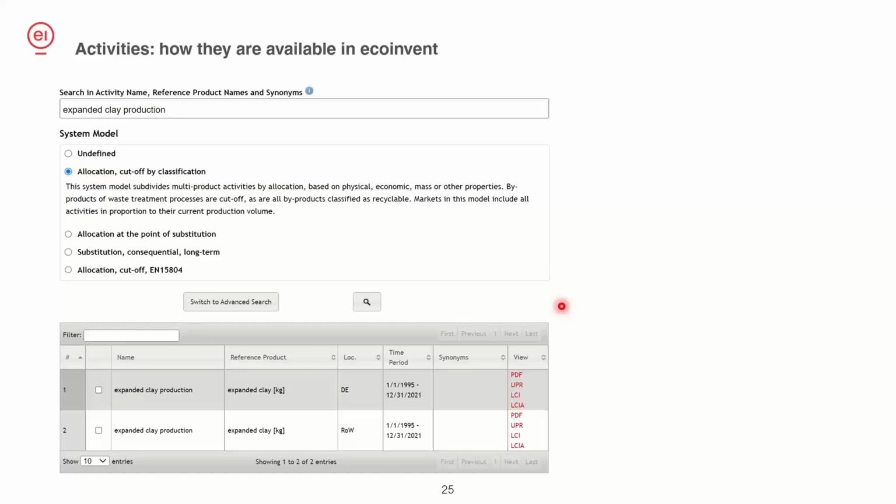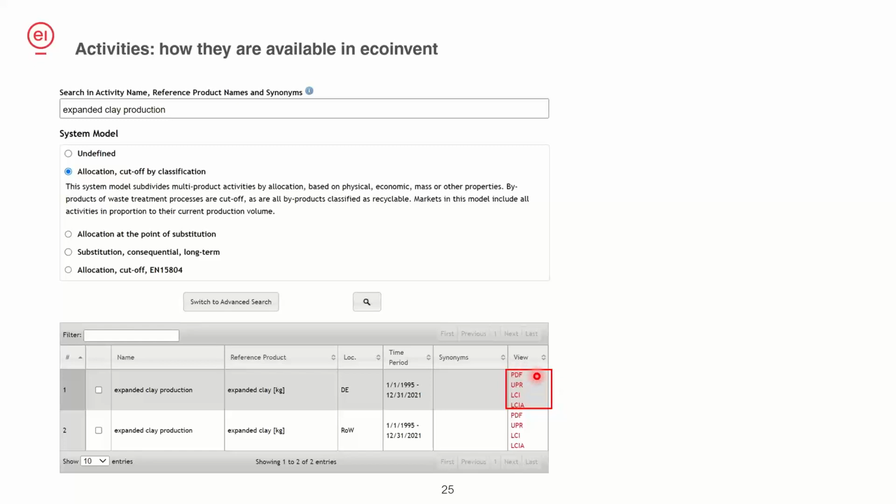What I mentioned in the beginning is the platform for accessing the ecoinvent database through the ecoinvent website. If you go to this dedicated area and you log in with your account credentials, you can search for every activity that exists in the database. And each activity, when you select a system model, is available in 4 different ways.